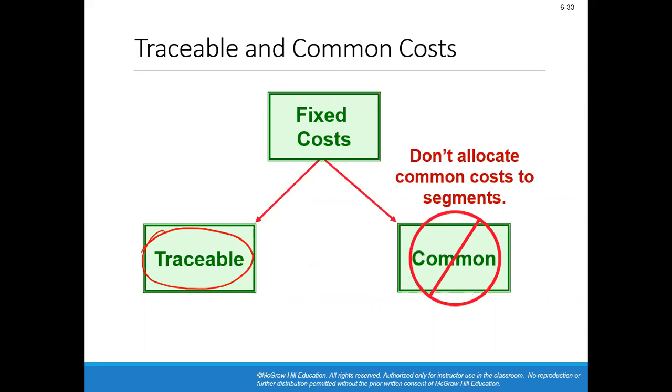We like to ask a question at this point. Say, for example, after making the contribution format income statement, you have found that a particular segment is yielding negative net operating income.